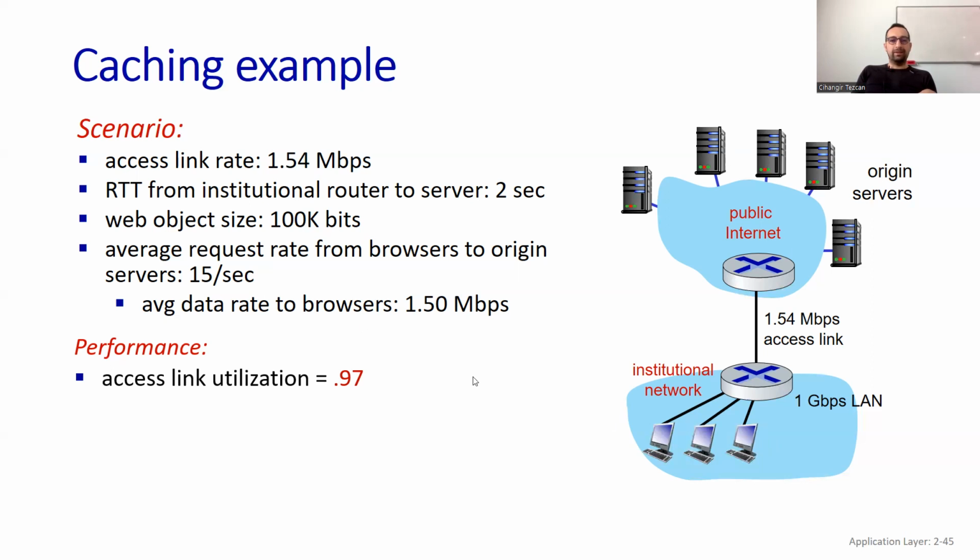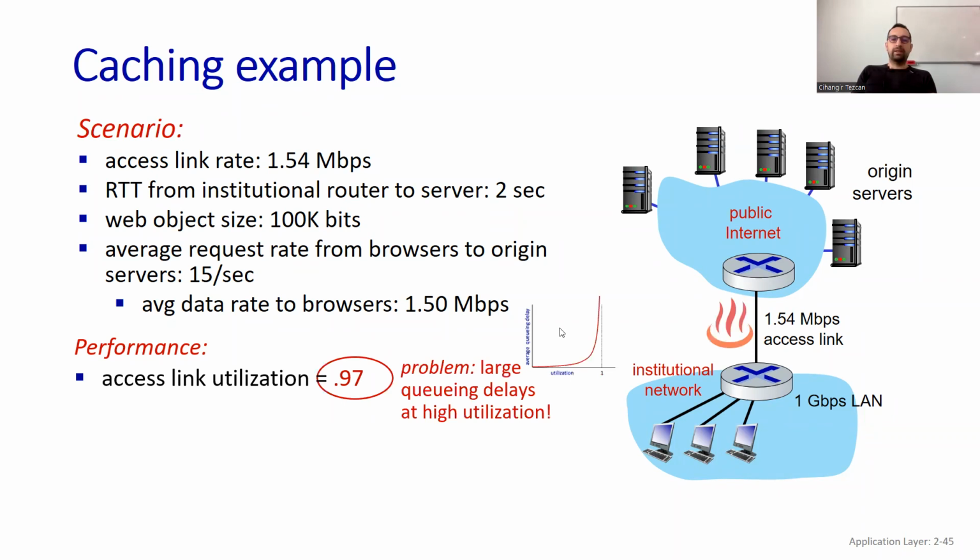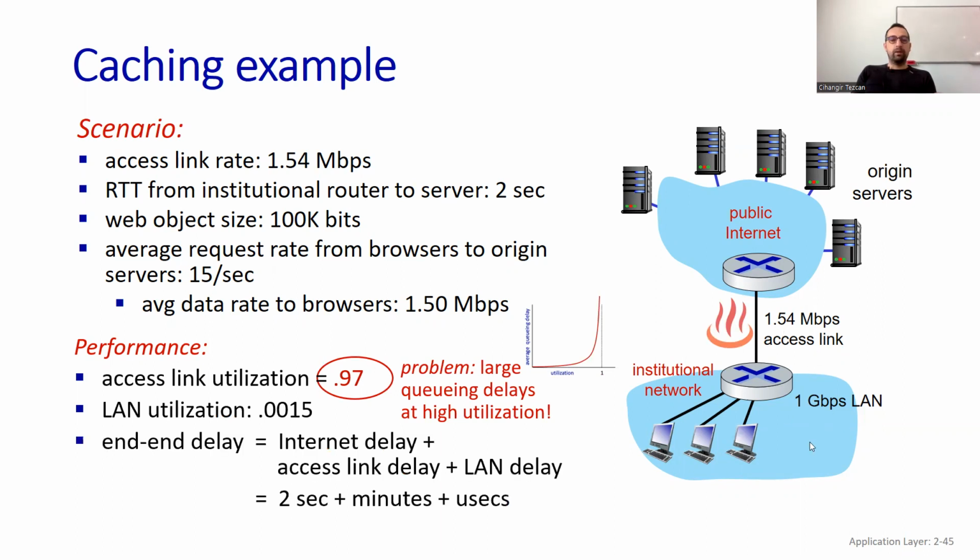We haven't gone into the mathematics much here, but every second there are requests to download this kind of object, which is why a queue occurs here. This causes a problem. But at the local area side, the utilization is really low, because the speed is large compared to this.